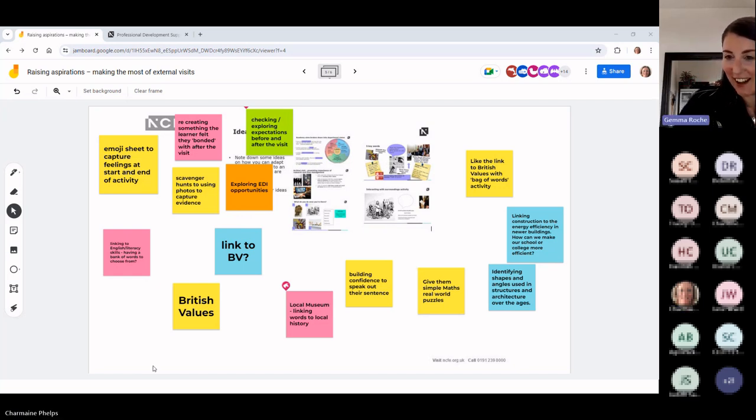Yeah, I think the key thing with any trip that I've wanted to do is that I've thought about what I want to do, what I want the young people to do, then I've tried to embed that into the aims of what our senior team are looking for. That's why I included that slide there, in that circle, that is what our academy trust wanted.